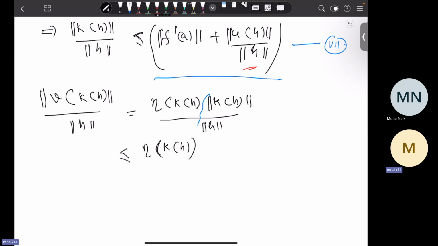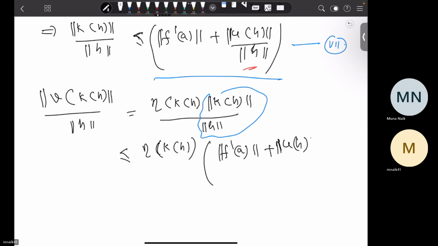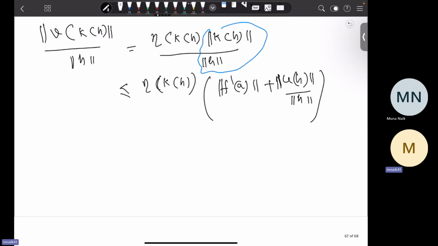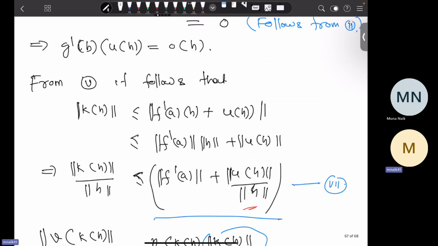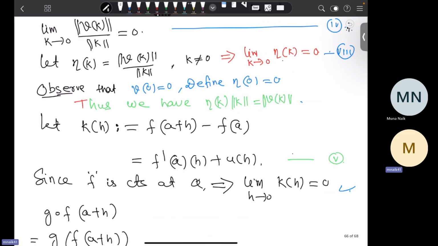So norm of k(h) by h is less than norm of A prime of A norm plus norm of u(h) by norm of h. Okay, so if h goes to 0, then k goes to 0, then eta k is equal to 0.